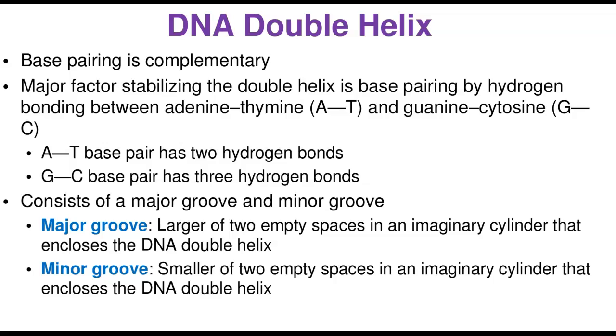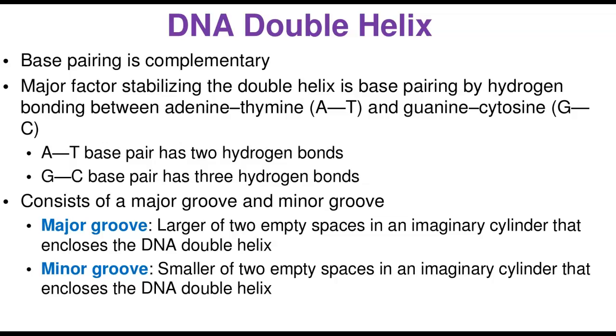Now remember again what I said, the secondary structure of DNA, the winding of DNA around each other, is maintained by the complementary base pairing, and those base pairs are held together by hydrogen bonds. That is another important factor. Remember what I said in chapter 1, we talked about the importance of hydrogen bonding in biomolecules.